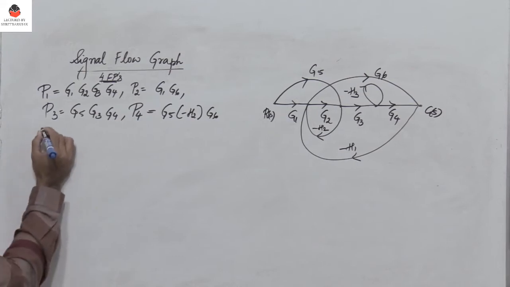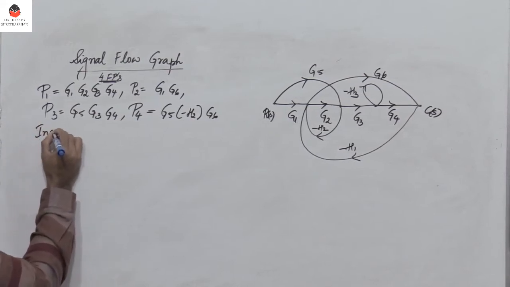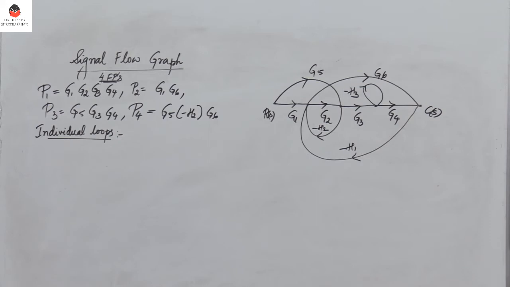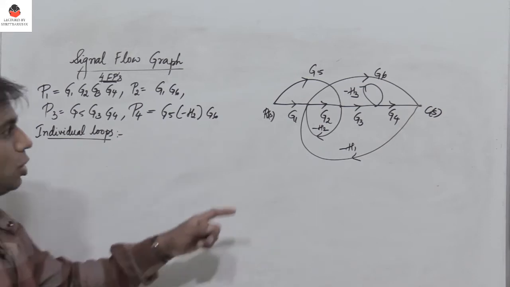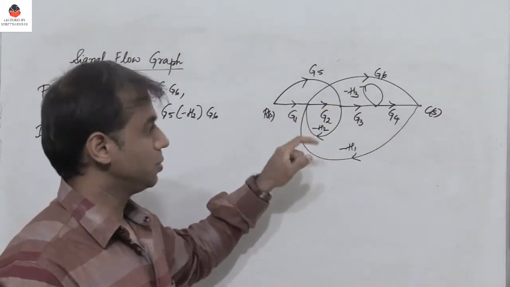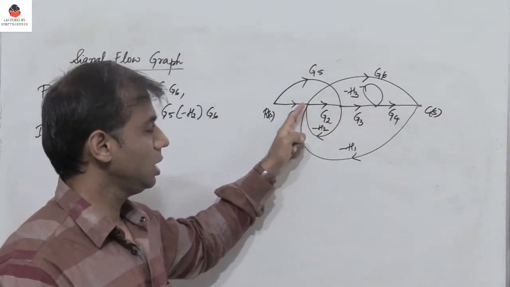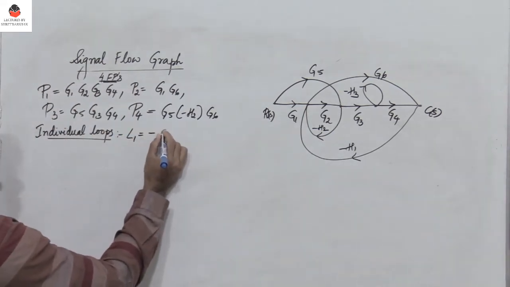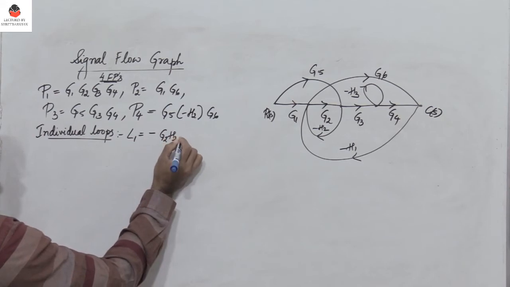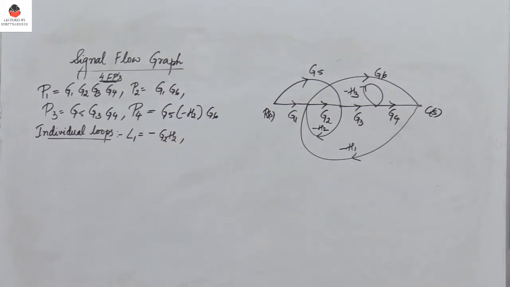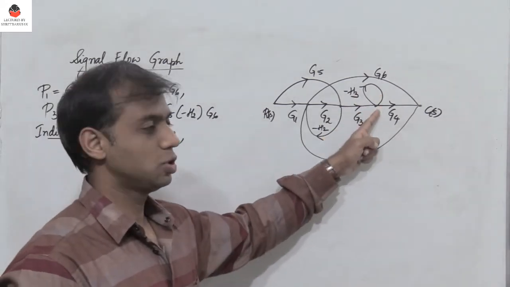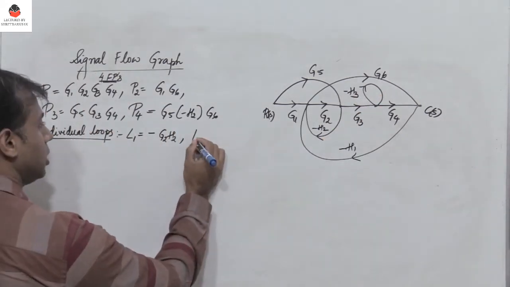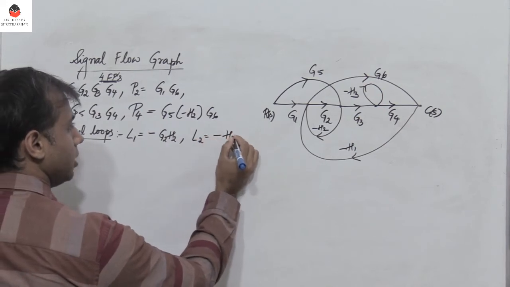Next, we need to identify the individual loops. How many individual loops are there? An individual loop is nothing but a closed loop. This is one loop, G2 into minus H2. Let me call this L1 equals minus G2 H2. Can you identify any other loop? Yes, there is another loop which is minus H3. Let me call that L2, which is minus H3.